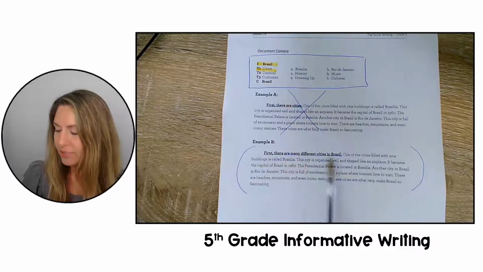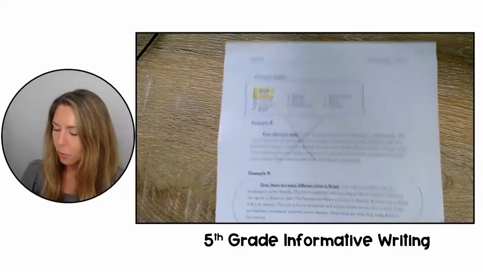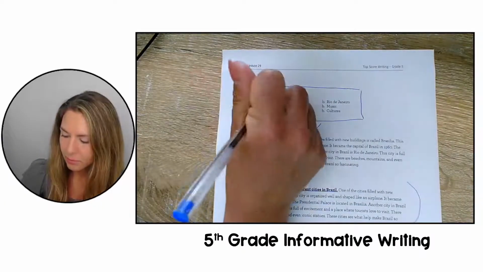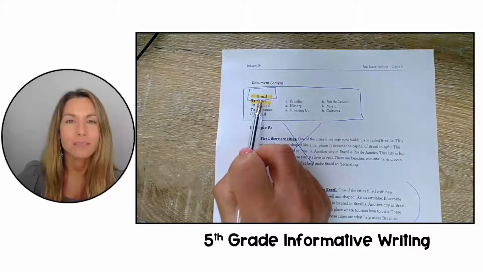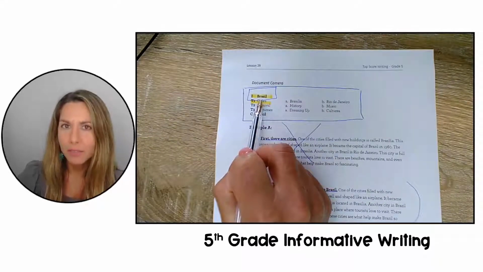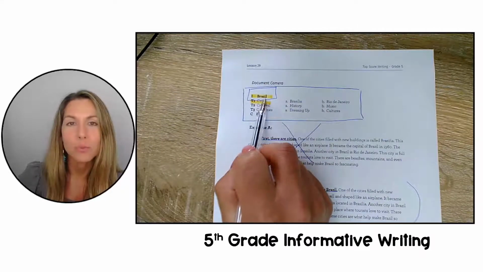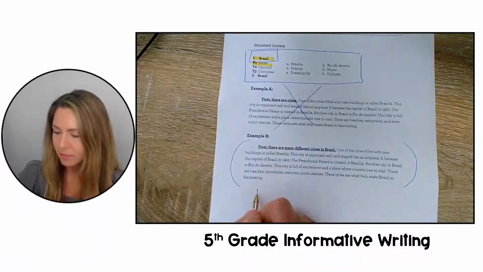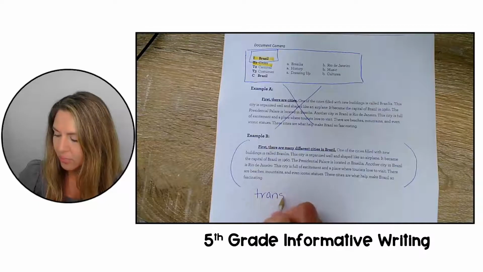There are different cities in Brazil. So what example A forgot to do is mention Brazil. A forgot to include the word written next to I. So remember, when you're writing your topic sentences, you need a transition word.